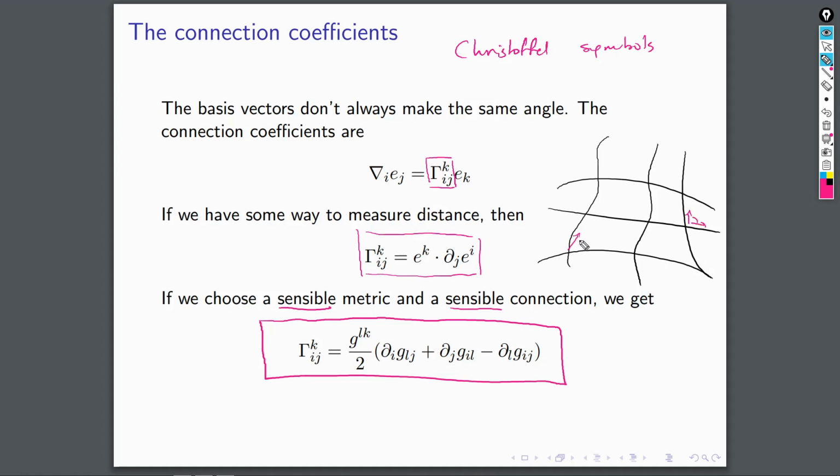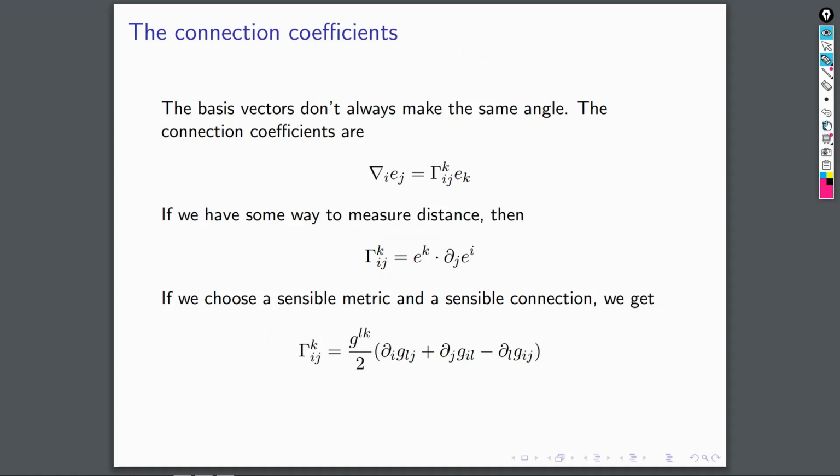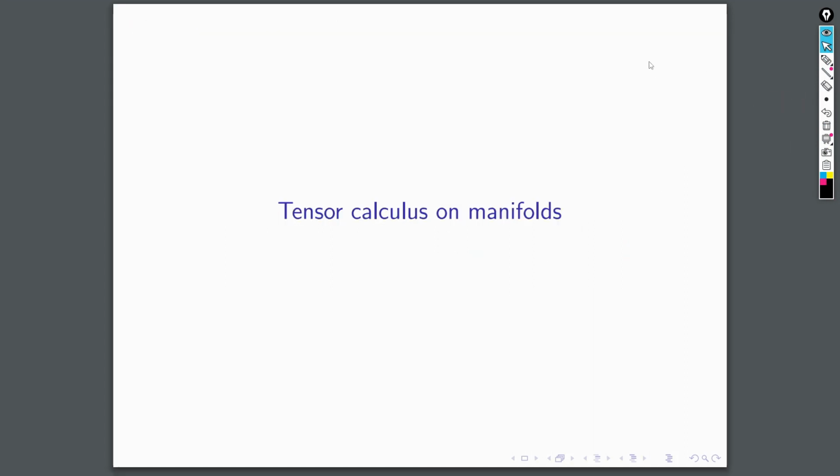Here they make this sharper angle, okay? So the angle between the basis vectors isn't the same, but the way that it changes between these points is going to be described by our connection coefficients, okay? Our connection. A lot of mathematical theory here, but it'll become clear in a second, okay?